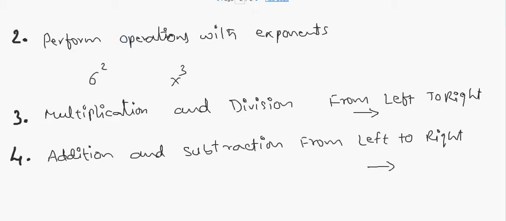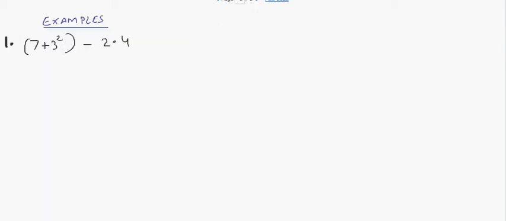Now let us see a few examples and apply this operation order to evaluate the expressions. In this example, 7 plus 3 squared within parentheses, minus 2 times 4. According to the order of operations, we need to perform the operation that involves the grouping symbol, which is the parentheses in this case.